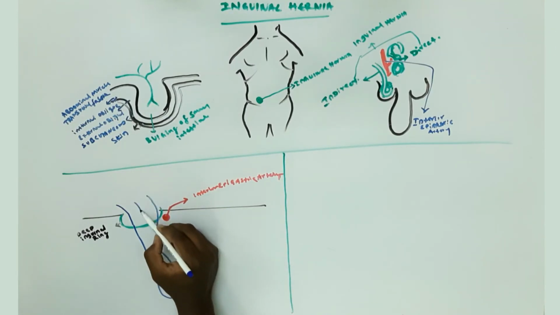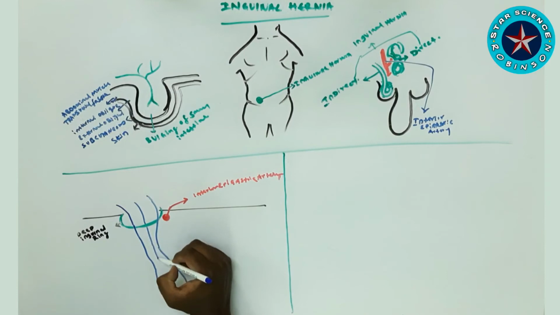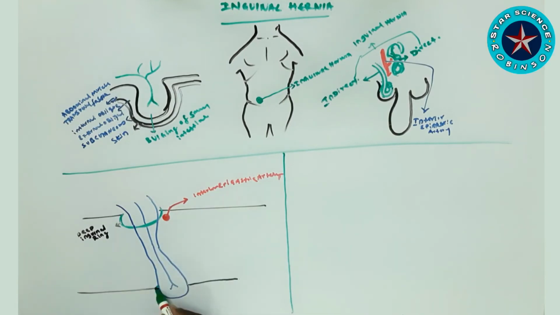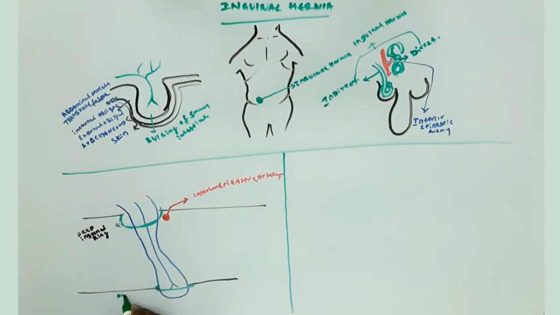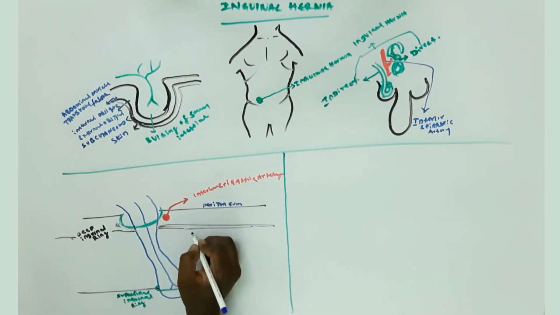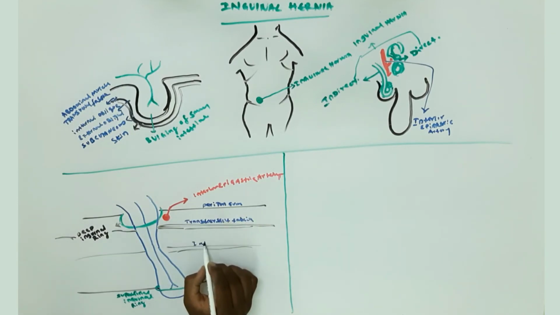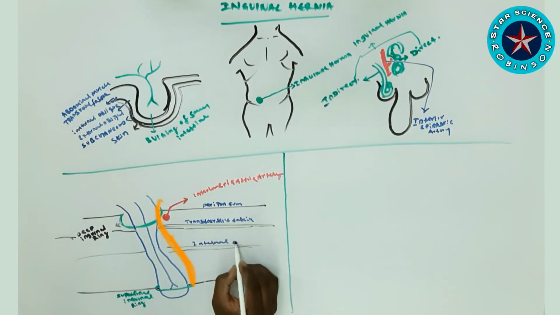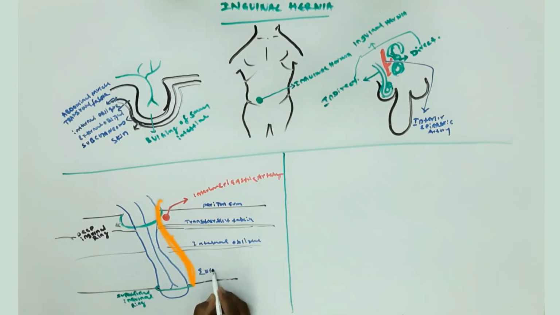Remember, the intestine enters the peritoneum and then the transverse fascia, passes into the internal oblique and at the same time the external oblique, and protrudes into the scrotum. It follows the spermatic cord to enter the scrotum. That is what we are seeing here.